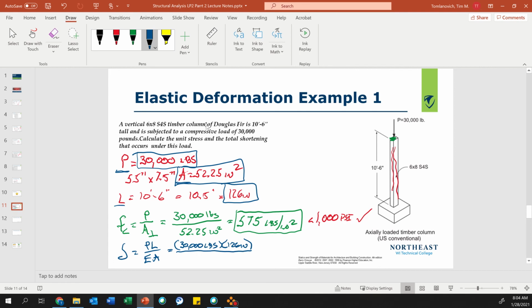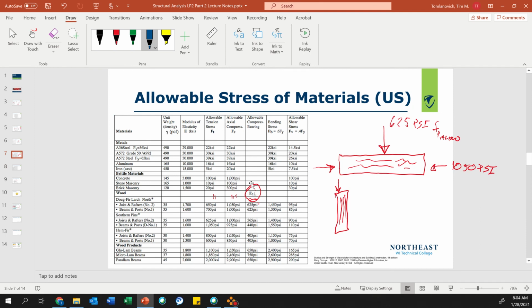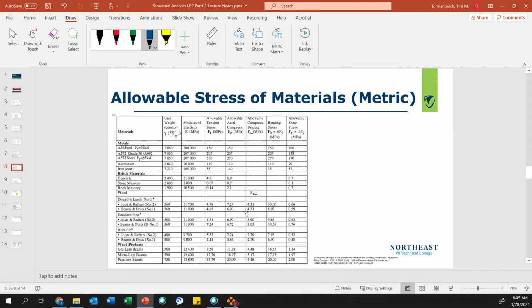Column. Okay, so it's a column, so it's probably beams and posts, number 1 there. So my modulus of elasticity is 1,600 KSI. So we got to get that in pounds per square inch.